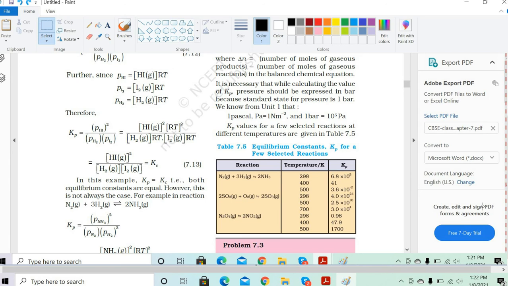Concentration is nothing but the HI concentration whole square, that was the concentration. CRT, so CRT whole square, so it is the HI concentration whole square into RT whole square. Again pressure of hydrogen means H2 concentration into RT, I2 concentration into RT, correct? Yes, sir.